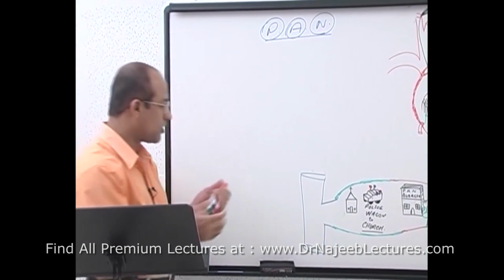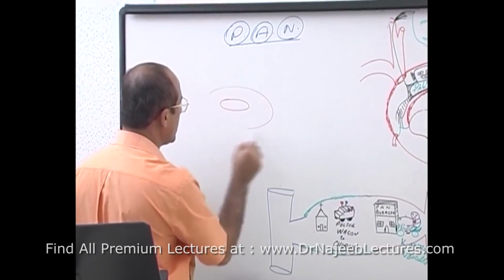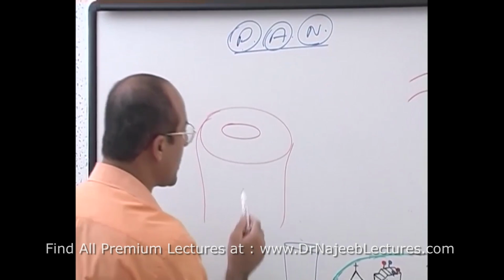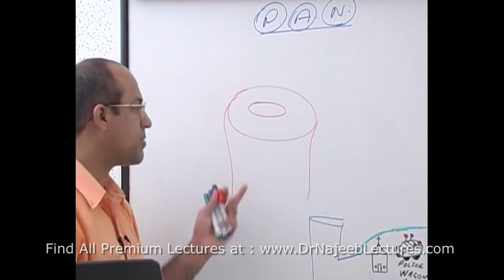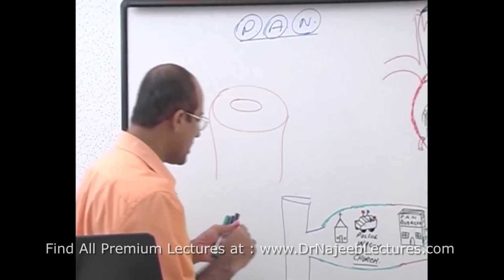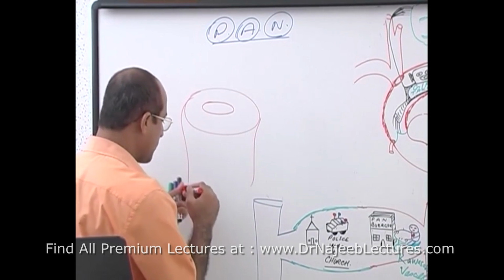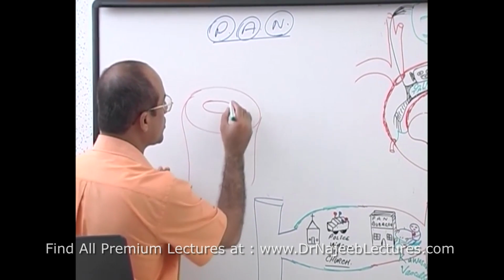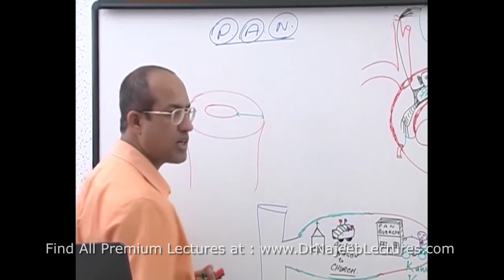Clinical features. Okay, let me tell you first of all what happens in the arteries. Suppose this is a visceral artery, it may be renal artery, or mesenteric artery, or hepatic artery, any visceral artery. Number one, you have to remember that in these patients, inflammation is throughout the wall, from intima, media, adventitia.